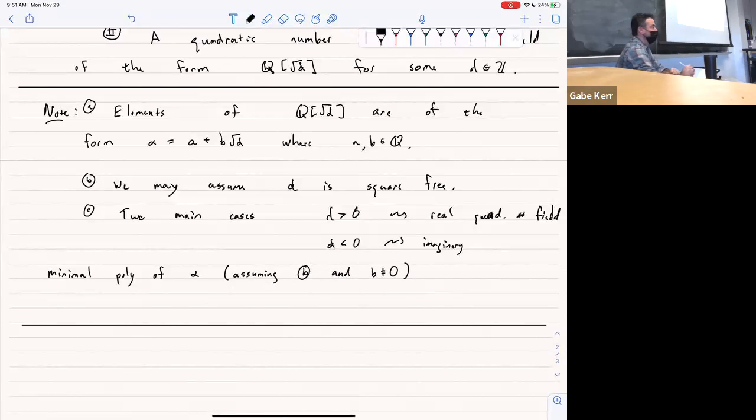How do we get it? Suggestions? How can we get a minimal polynomial? I think you've probably done this before, I'm guessing at some point in your life doing calculus. Like conjugate it, basically.